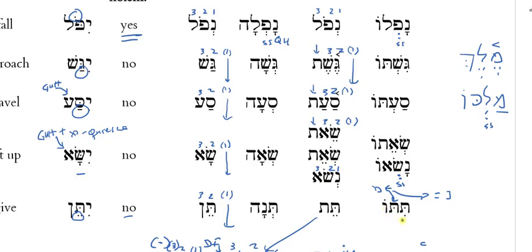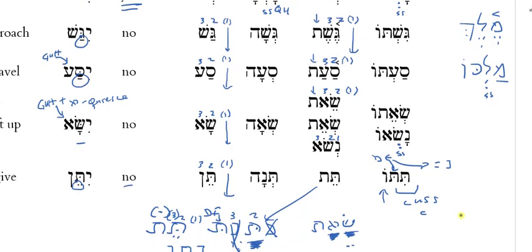Okay, so titto is his act of giving. Why did this become a hireq when it was a tsere? Well, because my accent is on the O, which means that when the dagesh forte arrives, this is a closed, unaccented syllable, and that requires a short vowel. Okay, so the tsere had to shorten to a hireq.